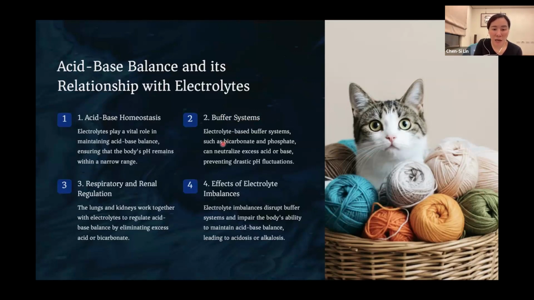Such as bicarbonate and phosphate. Bicarbonate and phosphate are also important electrolytes within our body. Bicarbonate is responsible for the extracellular body fluid acid-base balance, and phosphate is important in maintaining the intracellular fluid acid-base balance.